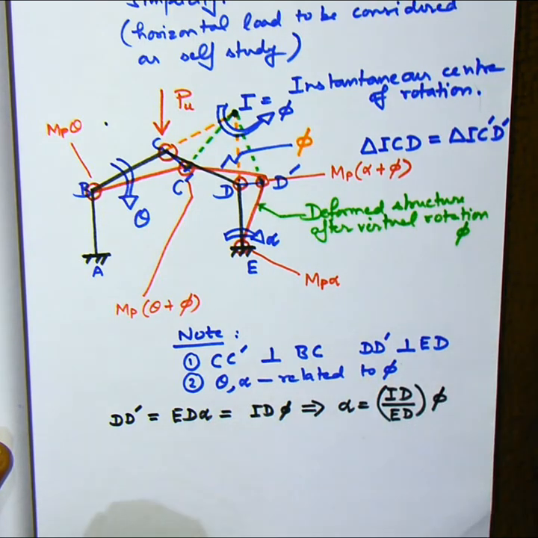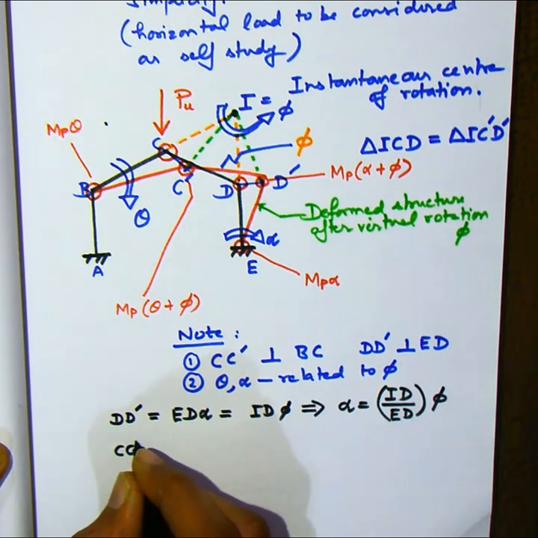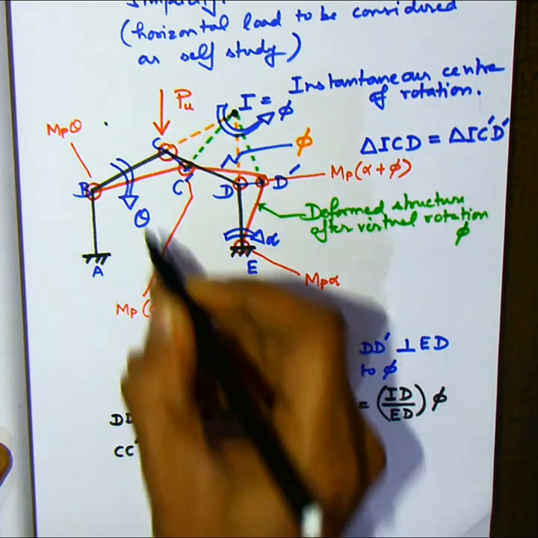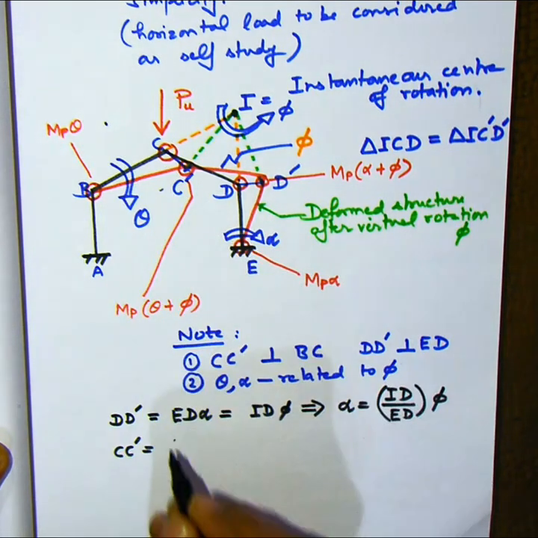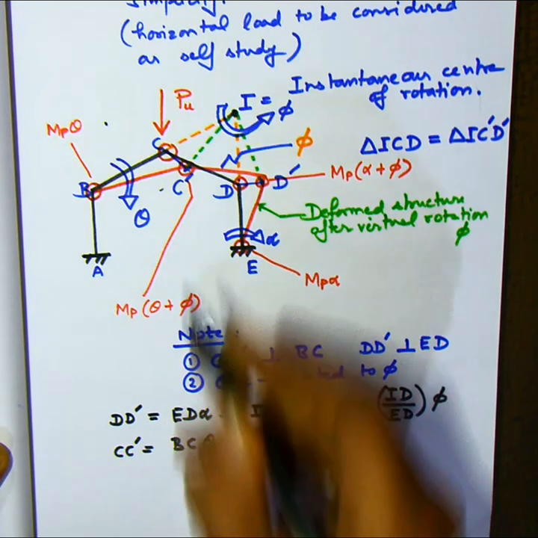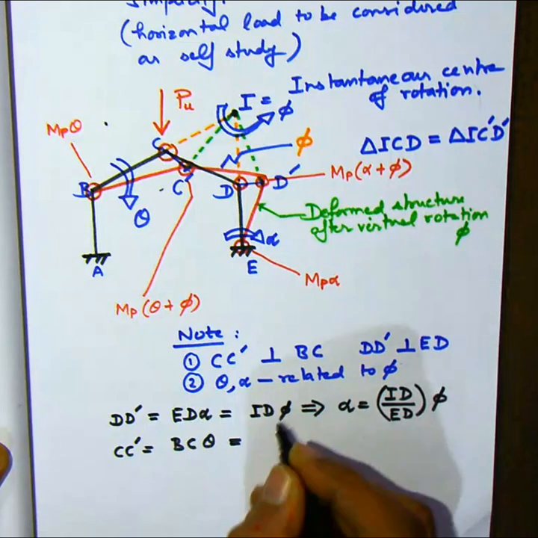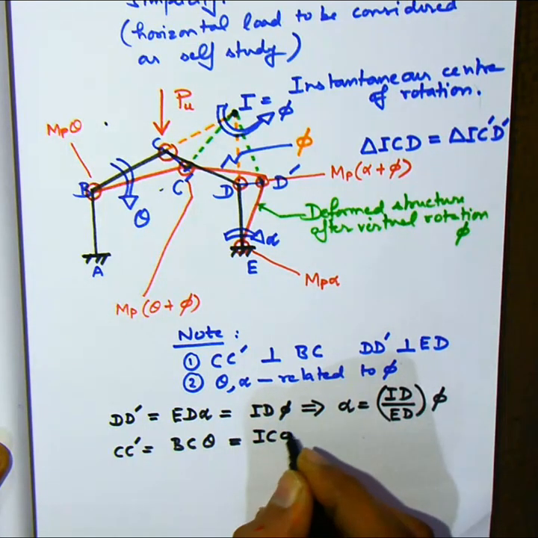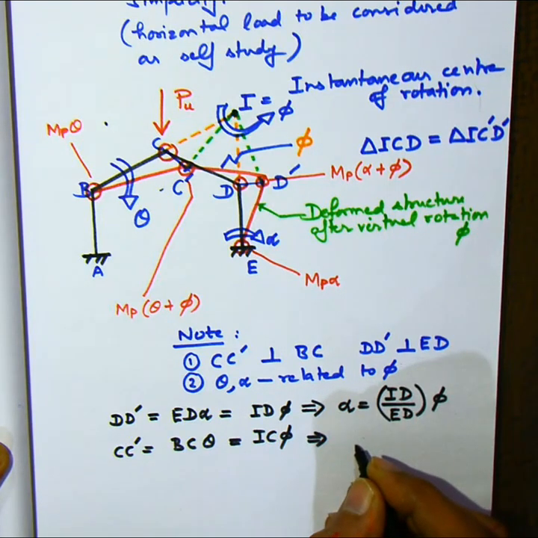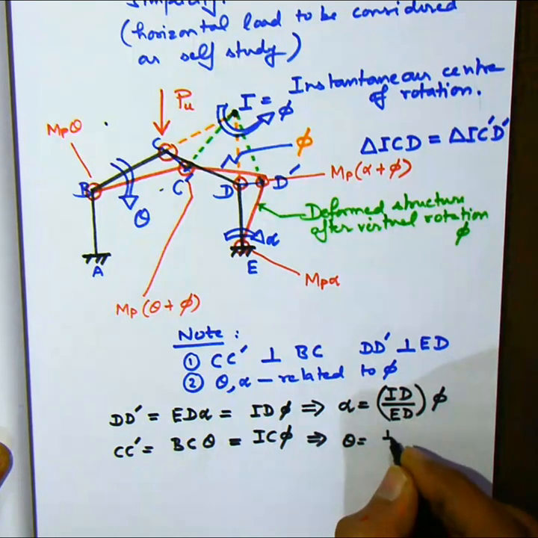And similarly, we have to get the relationship between theta and phi. So what is CC dash? CC dash is basically BC into theta, and this is also equal to IC into phi. So this gives us the relationship between theta and phi.